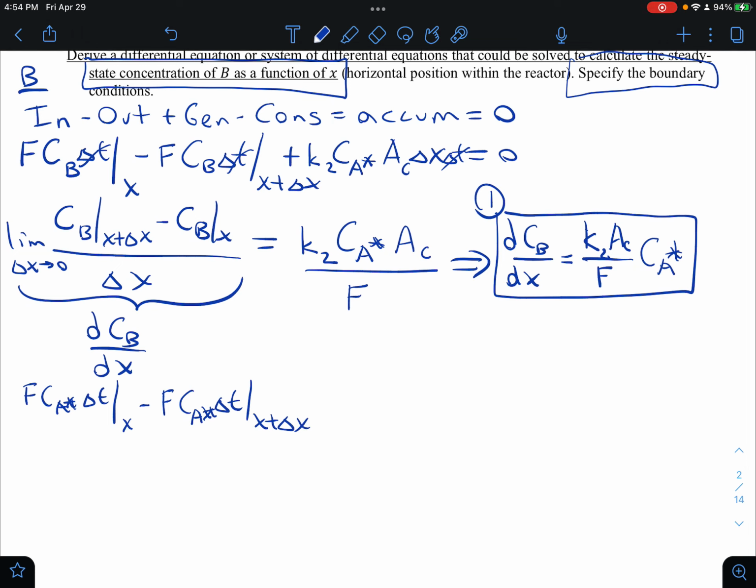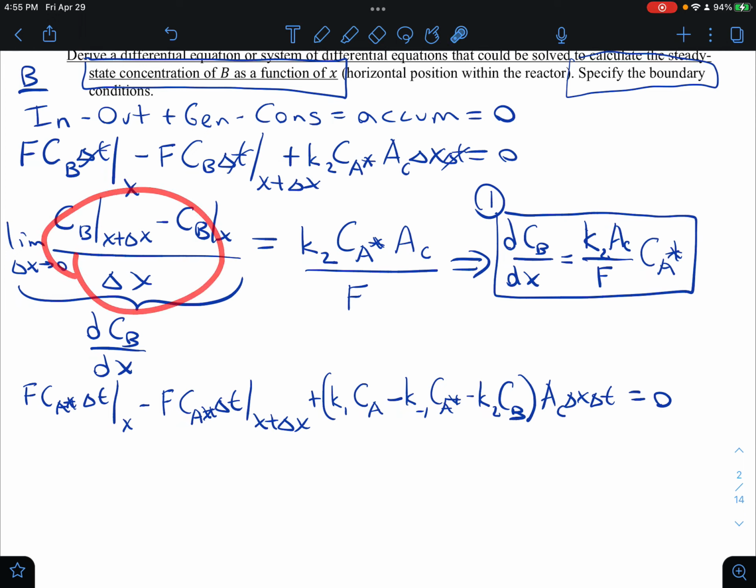Now the generation of CA star would be k1 CA. Then there's consumption: minus k negative 1 CA star, minus k2 CA star, times Ac delta X delta T, equals 0. So what this is going to translate to, I do the same thing that I did here.